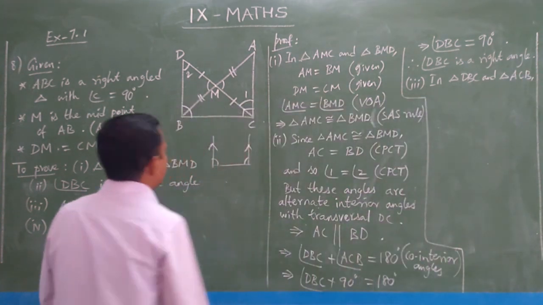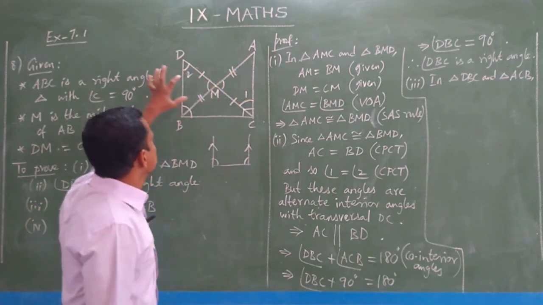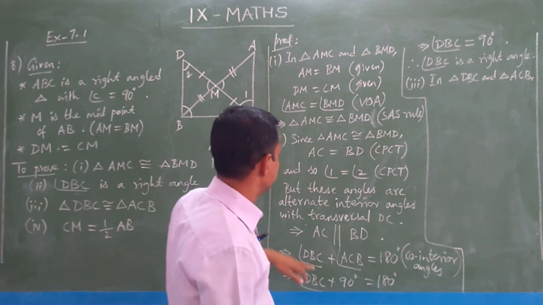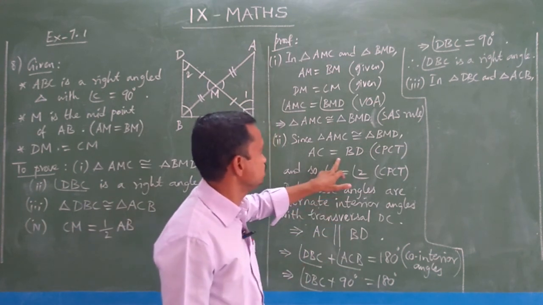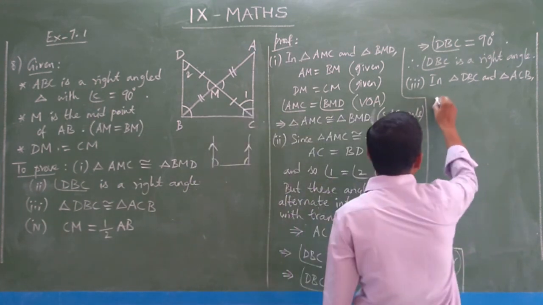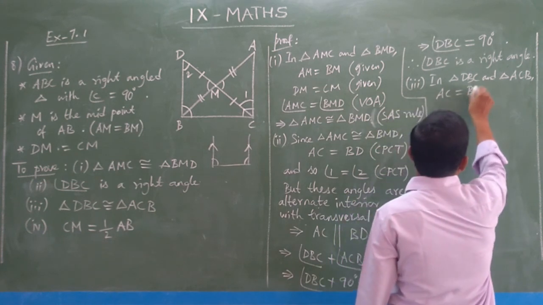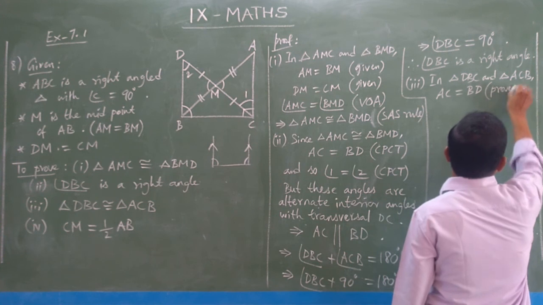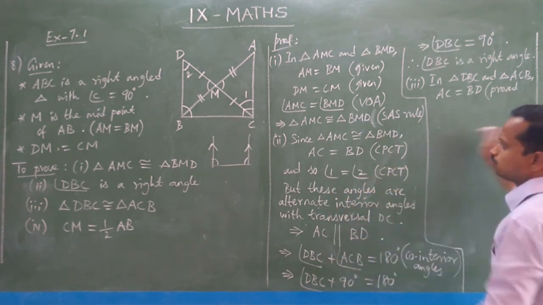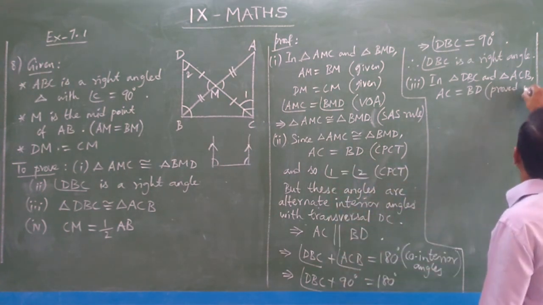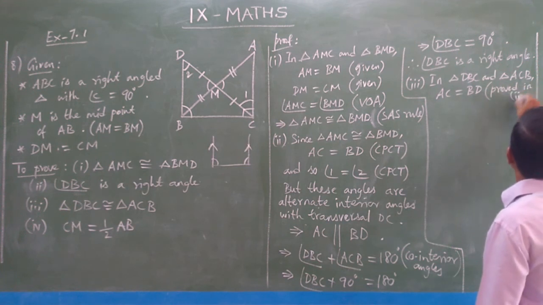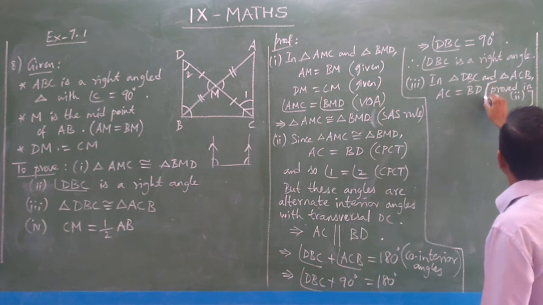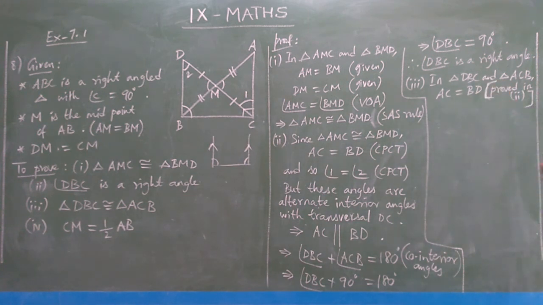You see, already we have proved BD and AC are equal, by CPCT. So AC equal to BD, proved in option 2.